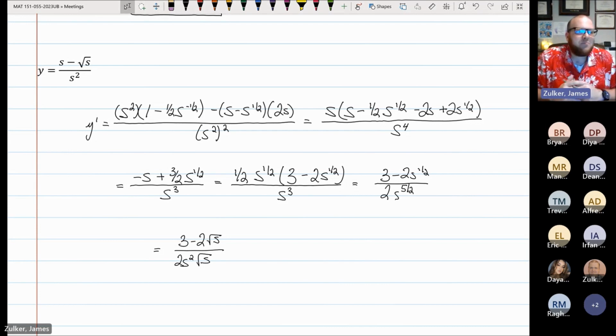Not as bad as some other problems can get, but however, there is a simpler way of doing this. This one actually does not require the use of quotient rule.